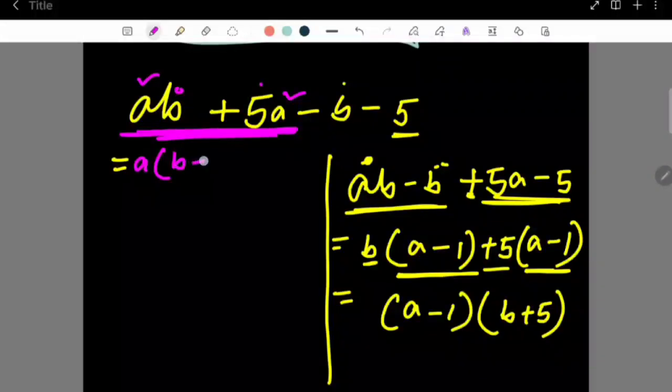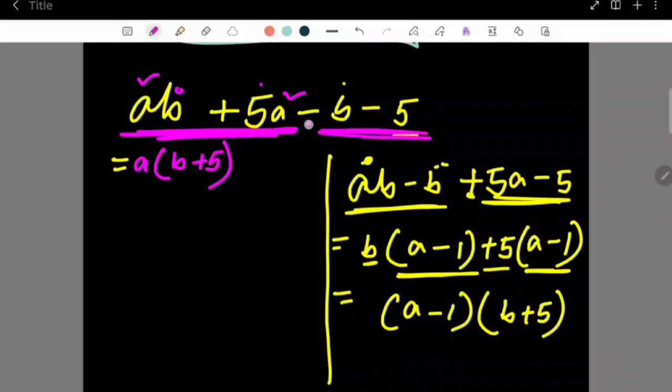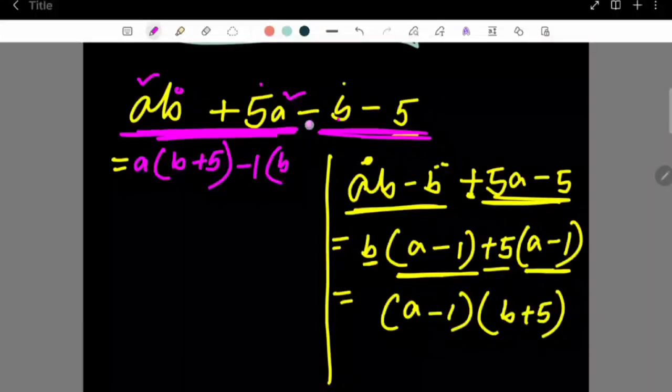So it will be b plus 5. Now from these last two terms, nothing is coming common. So we'll give this sign as it is. When nothing is coming common, we can take 1. So it will become b, and this minus sign is here. So next this minus is going to change to plus.